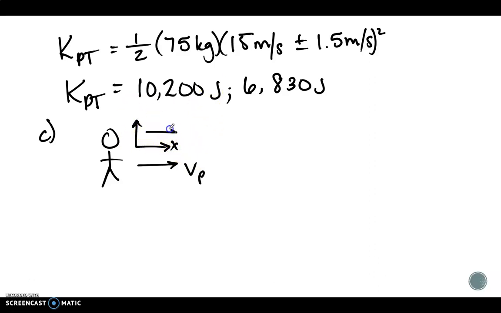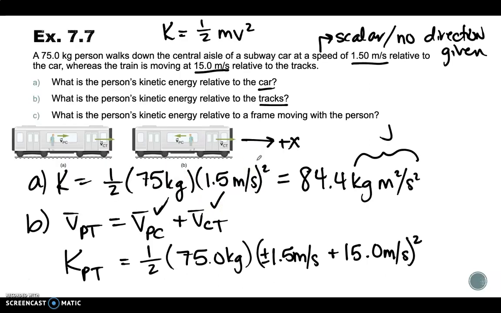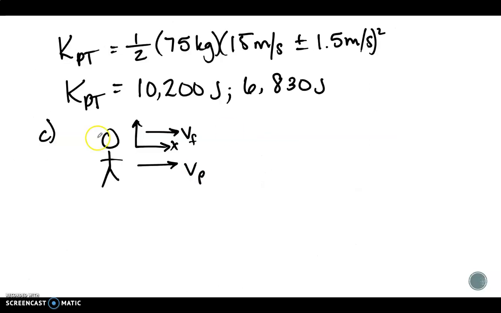It is also moving, I'm going to say with velocity v sub f, and it is moving with the person. So this frame of reference is, let's say, on top of his head. It's just on the person. So they are moving together, meaning the velocity of the person is equal to the velocity of the frame of reference. Okay?